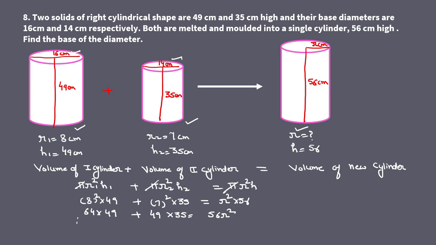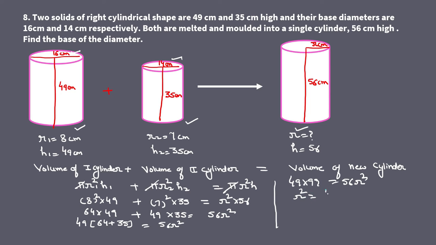यहाँ से हमने 49 कॉमन ले लिया तो ये बन गया 64 plus 35 is equal to 56 R square. So we will get 49 into 99 is equal to 56 R square.